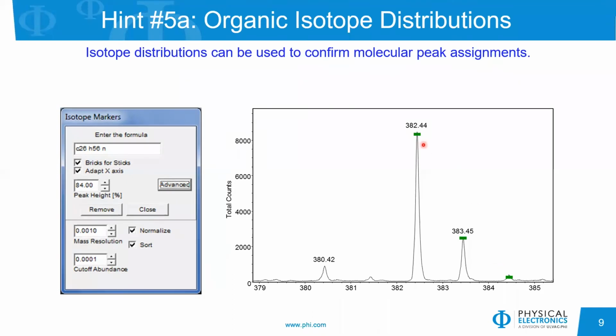So here we have in the green markers the calculated isotope distribution for a composition of C26H56N. And that looks like a very good fit. And so that gives another level of confidence in that peak assignment.